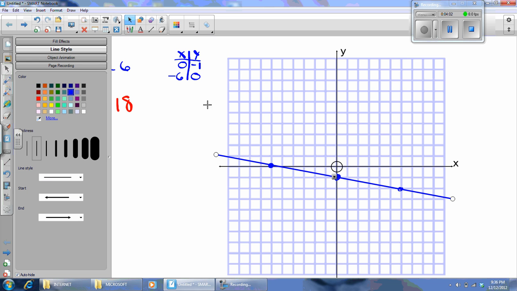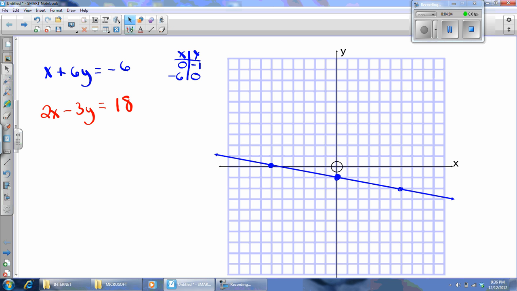And we'll make them blue. Okay. So now I'm going to do the red one. And I can still do this t-table if I want. X, y, graphing by intercepts. I'll put 0 in for x. It's like y will be -6. So let me see here. 1, 2, 3, 4, 5, 6. And then 0 in for y will give me a 9.